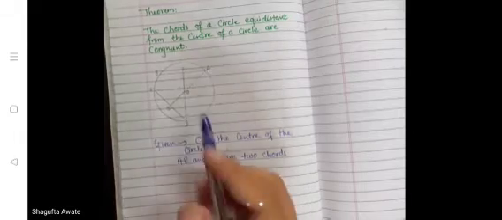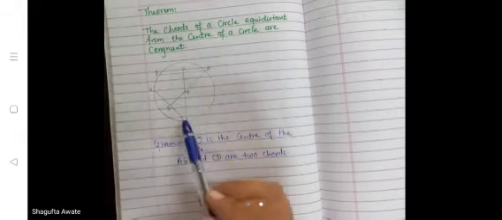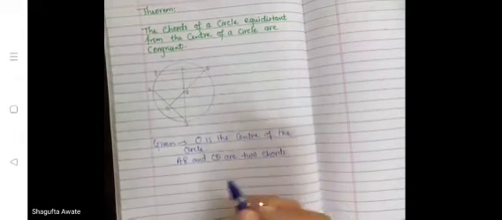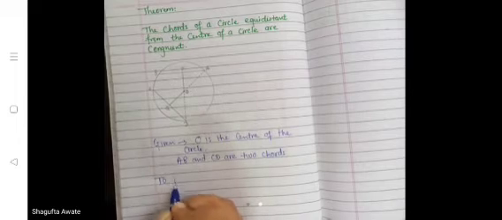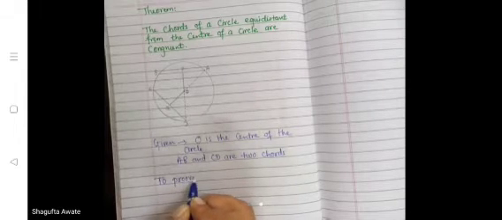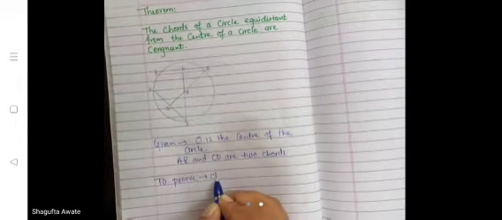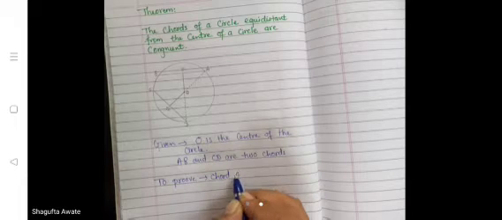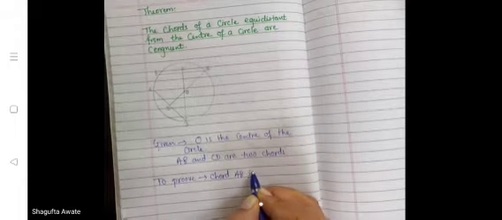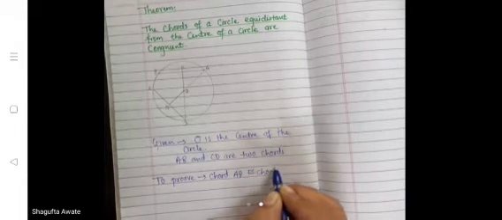So what we have to prove? We have to prove that chord AB is congruent to chord CD.